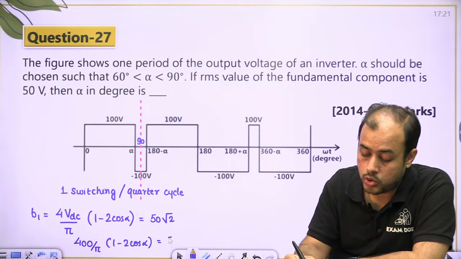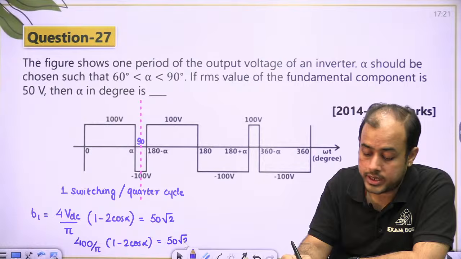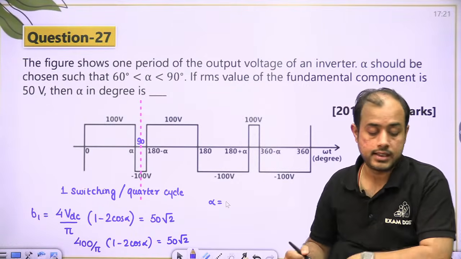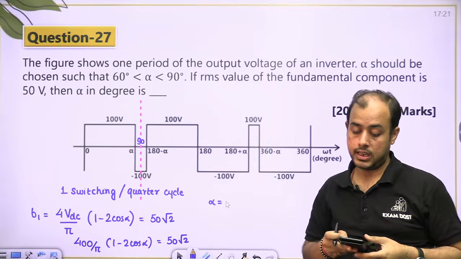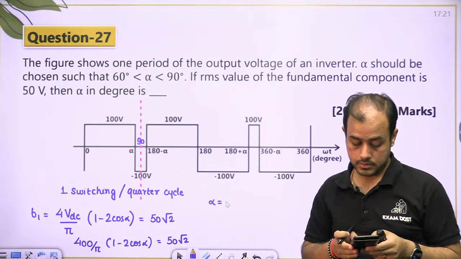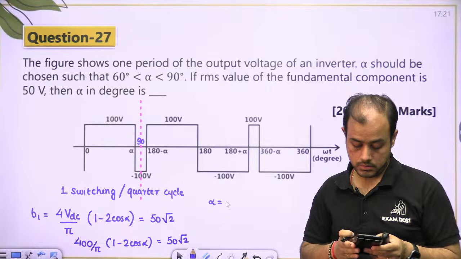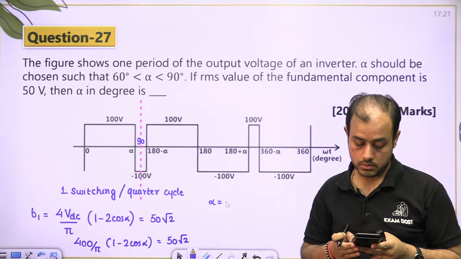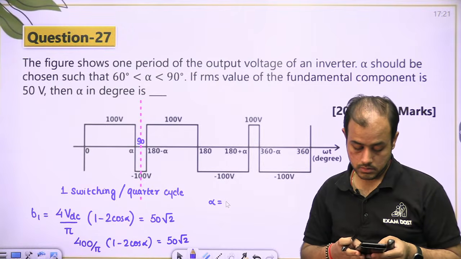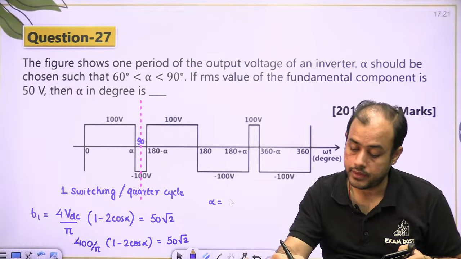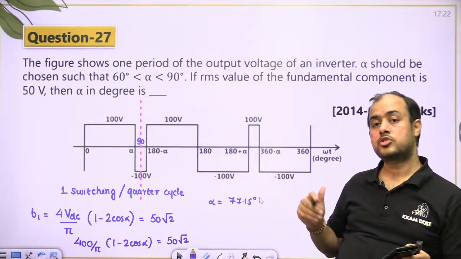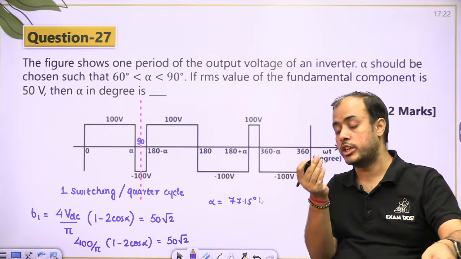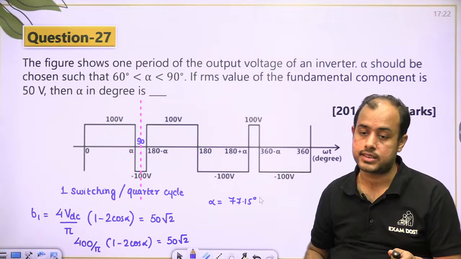Otherwise, beta, if you go on to derive the Fourier series, it will take a lot of time. So how much will be the alpha? 77.15 degree. Now you understood, beta, how they will frame the question on the concept that I gave yesterday.